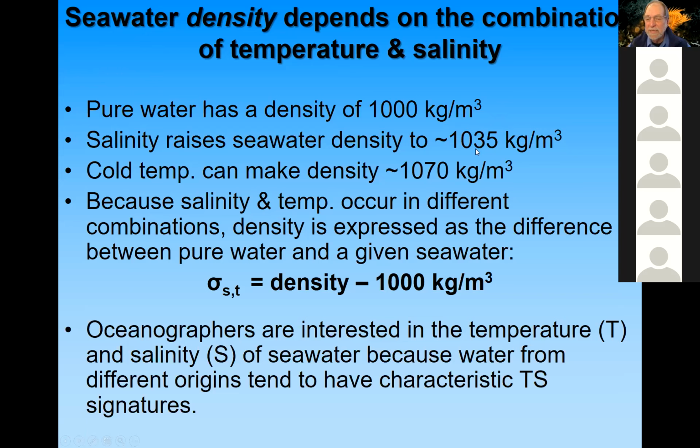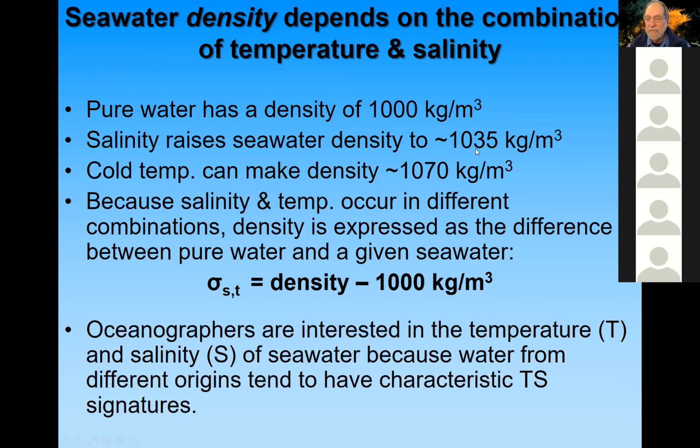So there can be different combinations of salinity and temperature within water depending on where it occurs and the forcing factors to which it's subjected. And so oceanographers are interested in the effect of salinity and temperature on density, sigma, in this equation here.